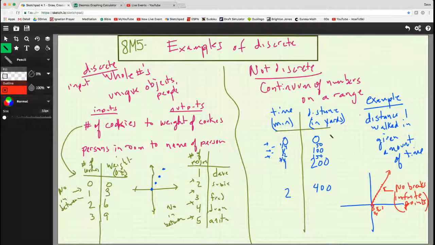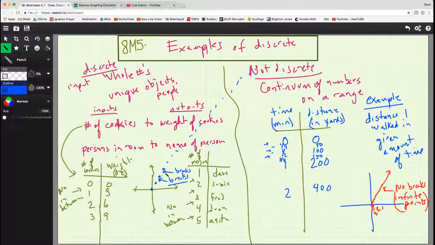Okay. Now, there are some cases you might say, well, Mr. Lipscomb, that's good. But here, this is actually an infinite number of points because I have 0, 1, 2, 3, 4. I could keep going on and on and on all the way to infinity for the number of cookies. But this would still be discrete because you'd have breaks.